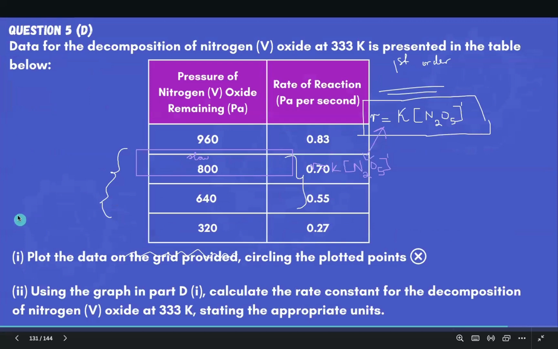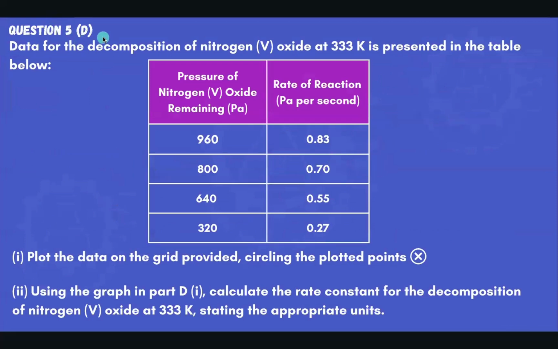So now we're at 5D, and 5D says that data for the decomposition of nitrogen 5 oxide at 333 Kelvin is presented in the table below. So here's our table. We have pressure of nitrogen 5 oxide remaining in units of Pascal, and rate of reaction in units of Pascal per second, with 4 data points.